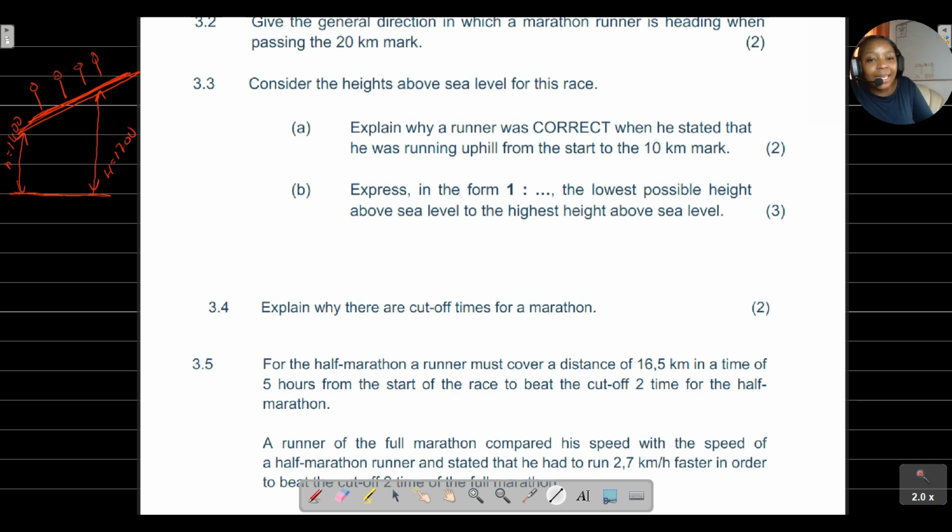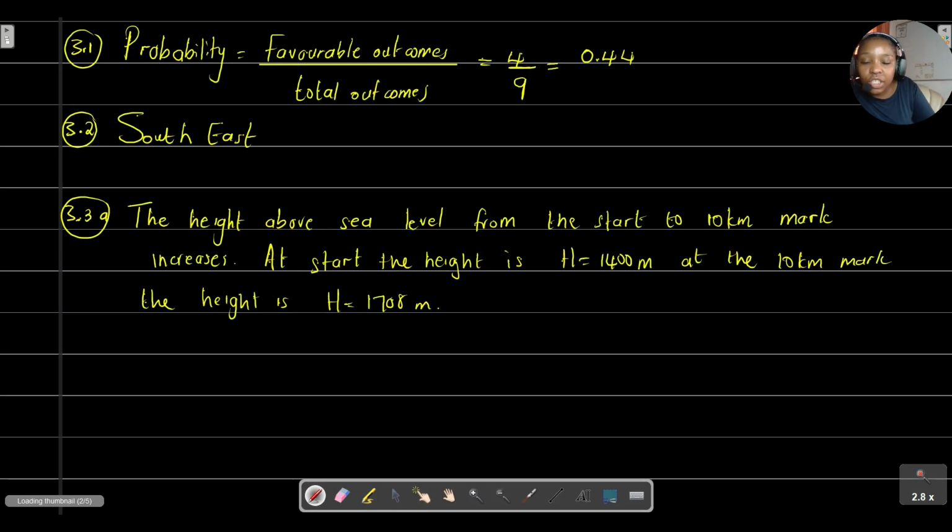They're telling us that it must be in the form of 1:something. So that's already telling you how you need to set up your ratio. Then you want the lowest possible height above sea level to the highest possible height above sea level, right? So here, you need to find the lowest height above sea level from this route and the highest height above sea level from this route, and that's our starting point. Okay, so let's just do that.